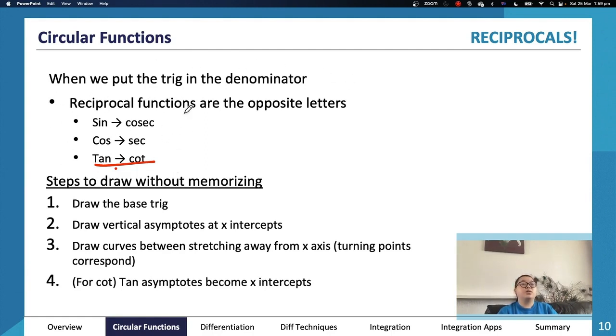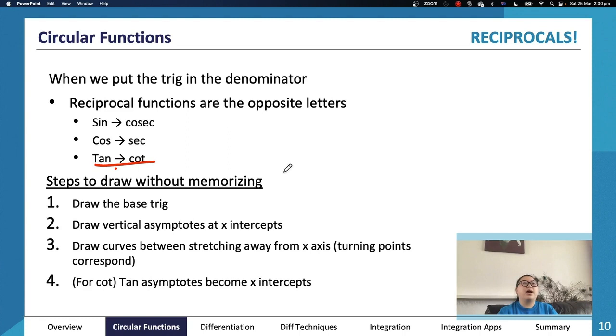For sine and cos, because there is a really intimate relationship between the two, I focus on not confusing those two together. So the letters swap: sine goes to cosec, cos goes to sec, and tan goes to cot. You can remember tan goes to cot as both of them include t's, and they're the only ones that include t's.